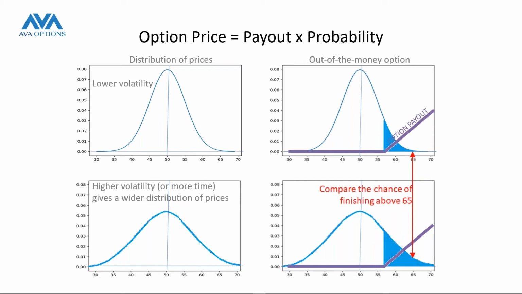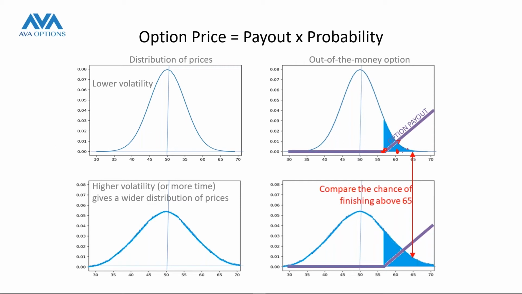We have an option to buy at 57. The strike is 57. What's the chance in this distribution, which is low volatility, of getting an option payout? We have to multiply the chance, so the number of beans that are falling into this area, times the payout. So take this value of an option times this area, and this value times this area, and this one times this one.